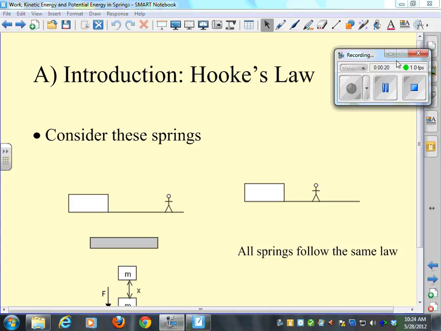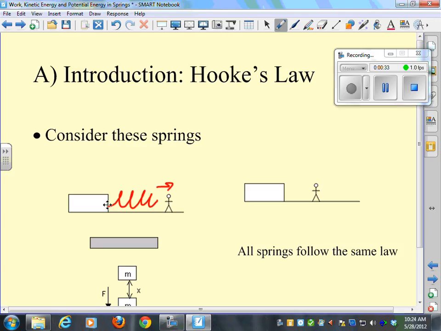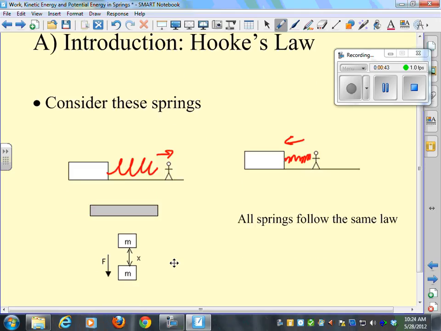Okay, so you remember Hooke's law. He's the guy that did all the spring stuff. Consider these springs. It doesn't matter whether you are pulling on a spring, pushing on a spring, or if you happen to be a mass that is bouncing up and down.